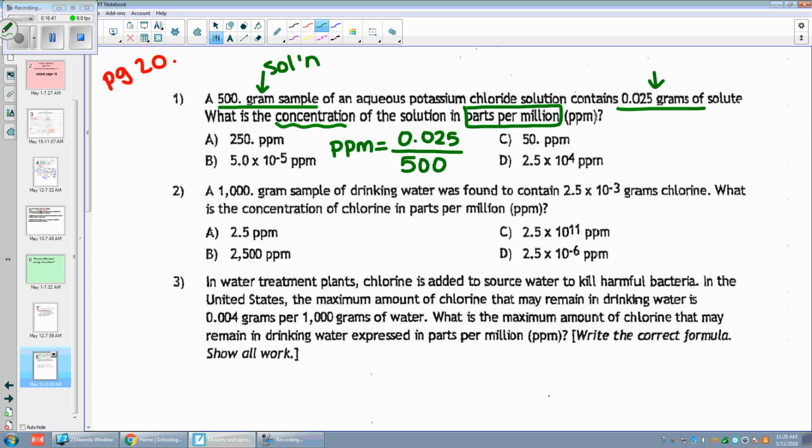So 500. And I have to multiply it by 1 million. So at this point, if you go to plug this in your calculator, you go to 0.025 divided by 500, hit enter, multiply it by a 1 with 6 zeros, and you are going to get 50 parts per million. 50 parts per million.